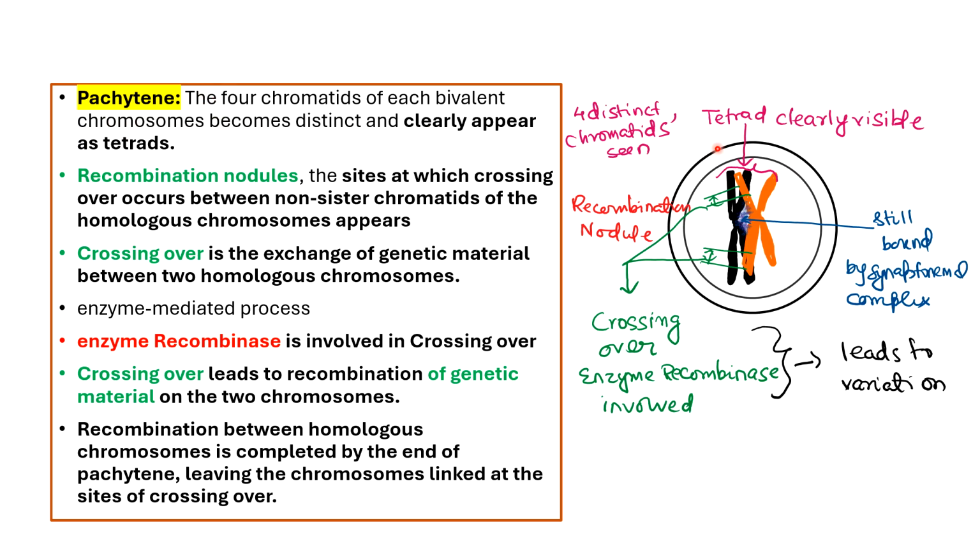So in pachytene, what happens? The four chromatids of each bivalent become distinct and clearly appear as tetrads. So the formation of the tetrad takes place in the zygotene stage, but it becomes visible in the pachytene stage. Okay, see, this is how the chromosomes look in pachytene.